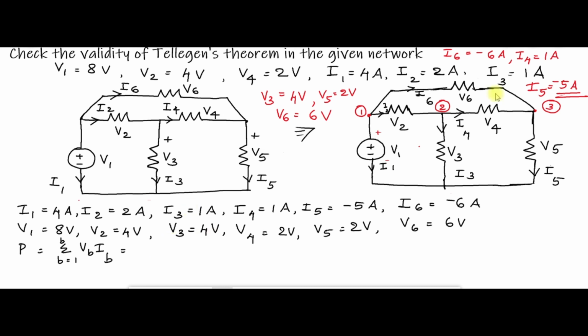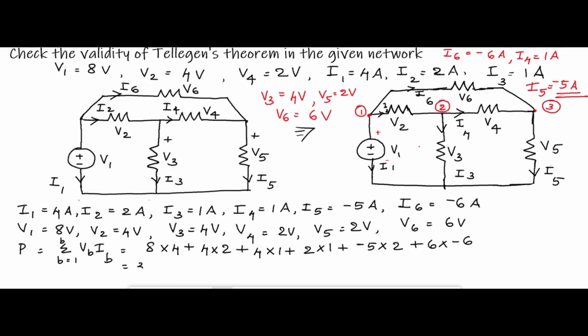So you have to determine the value. V1 I1 is equal to 8 into 4, V2 I2 is 4 into 2, V3 I3 is 4 into 1, V4 I4 is 2 into 1, V5 I5 is minus 5 into 2 and V6 I6 is equal to 6 into minus 6.